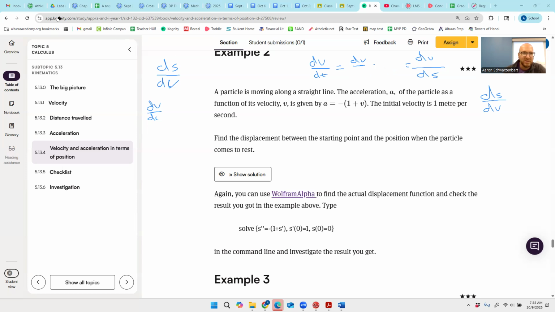So I'm trying to get ds/dv, which its reciprocal would be helpful, is equal to dv/ds times ds/dt. Those would cancel and I get back to here where I started. So dv/ds times ds/dt is simply velocity.